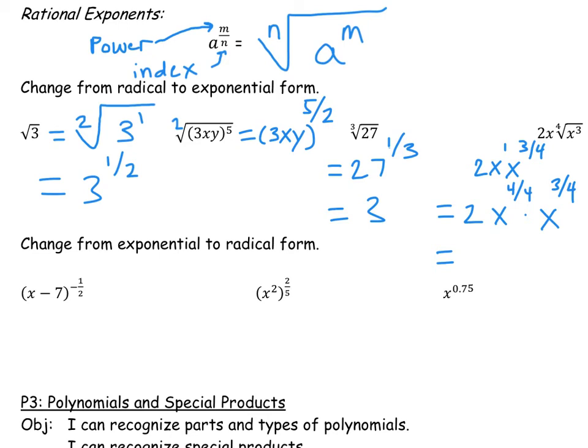So I'm more or less dealing with a common denominator with those exponents, and then I can just go ahead and add them together and say that that x is to the 7/4 power. Okay? Switched over to an exponent, there's no square root, and I fully simplified it too.